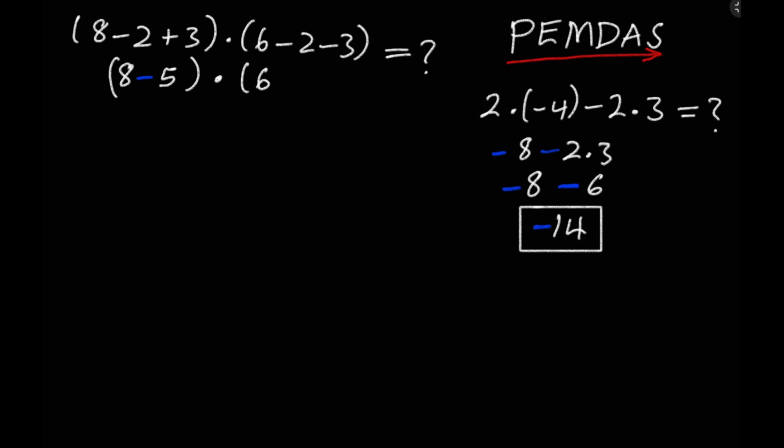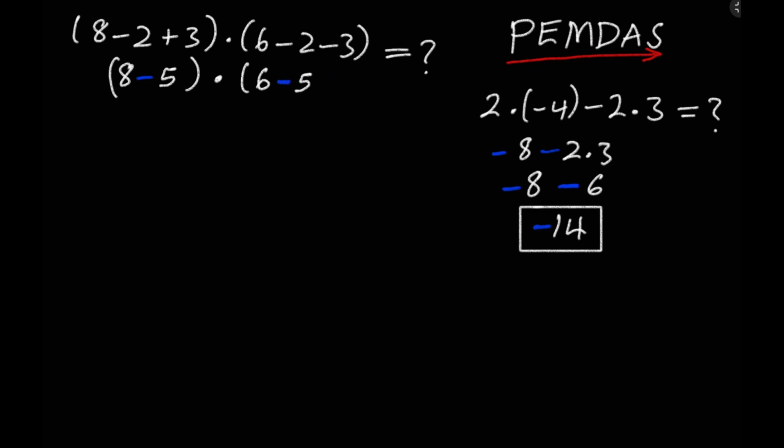Because the signs are the same, we add the magnitudes. That is 2 plus 3 is 5. We have 5 here. And then we use the sign of the bigger number. Now 3 is bigger than 2. The sign of 3 is negative.